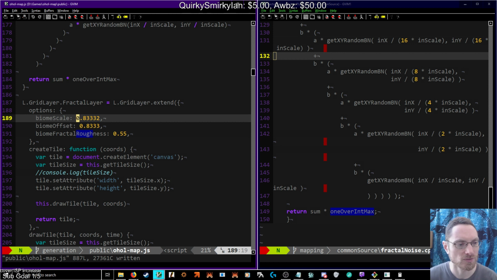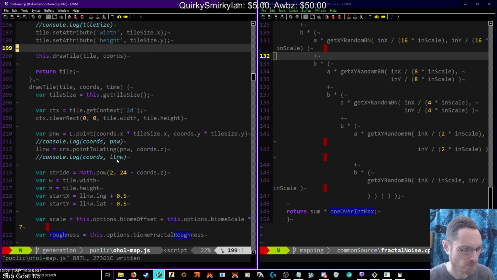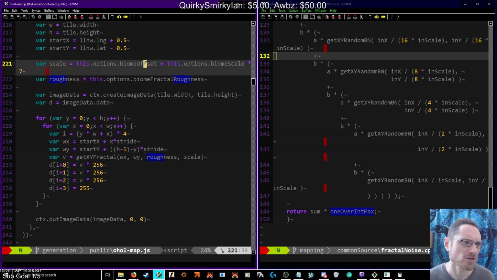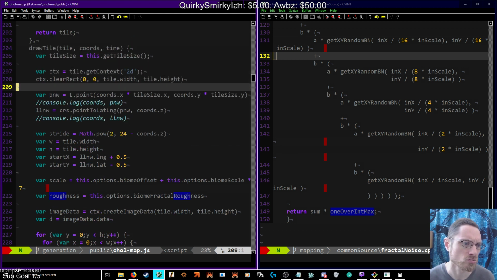So I may have to find the output biome fractal function. I don't know if this stride is correct, because it could just be changing coordinates, and it seemed to work fine for the plain old biome. Oh, or maybe I'm not even setting my start coordinate correctly.